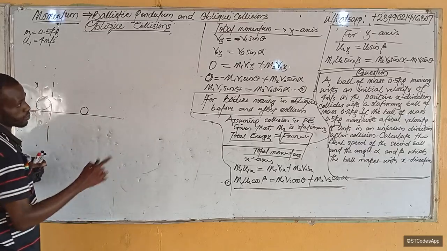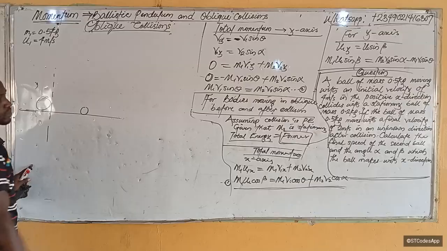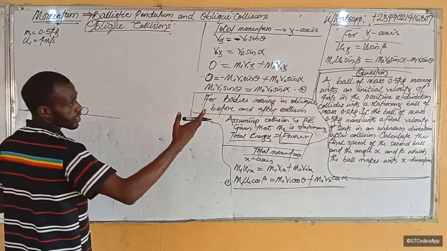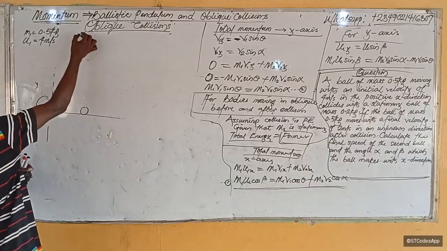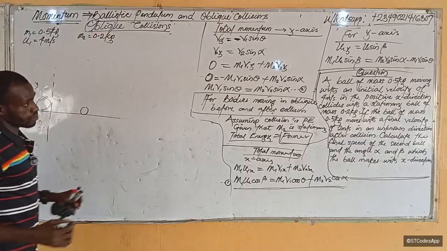So there's a stationary ball, so we're using these formulas, this set. Of course, you can generate it yourself again. The stationary ball of mass m2 now is 0.2 kg.